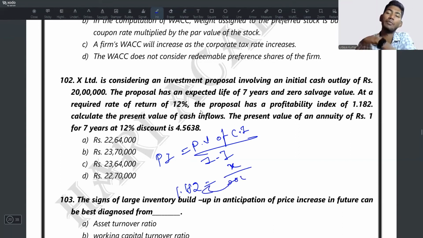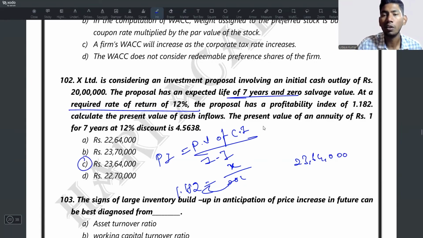If you send this from the left hand side to the numerator, you will be getting the value 20 lakhs into 1.182. You will get 23 lakhs 64,000 as your present value of cash inflows. It's quite easier, right? So you need not consider all the remaining information, required rate of return, 7 years, zero salvage value, right?